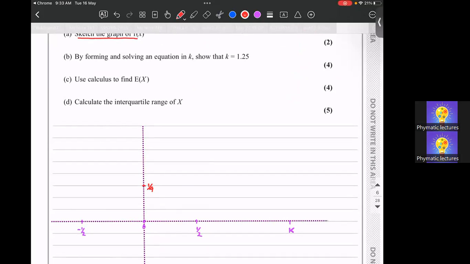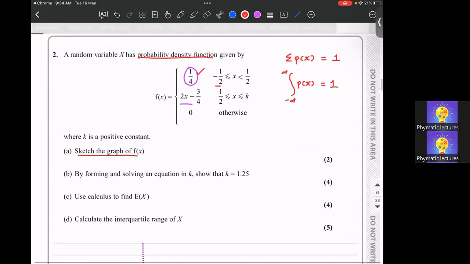From minus 1/2 to plus 1/2, the same value stands, so that is a straight line parallel to the x-axis. Then after that, as I already mentioned, it has a positive gradient, so the graph goes upwards.